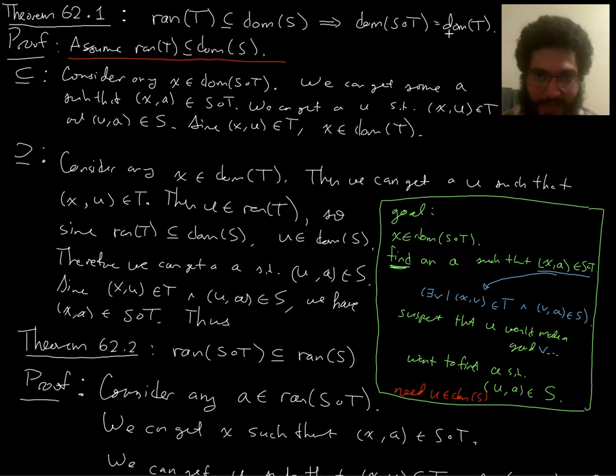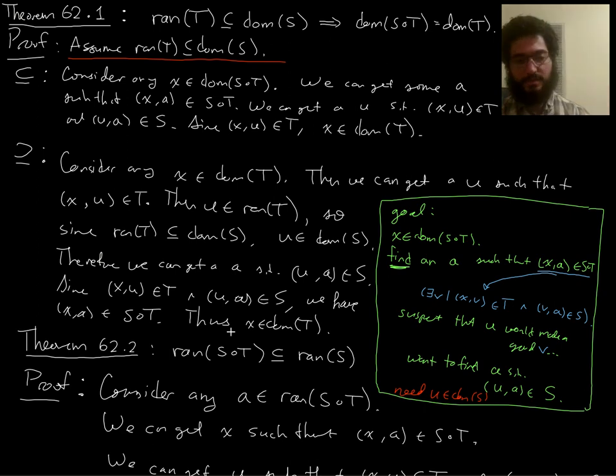Thus, what we actually wanted is X is in the domain of T. X is in the domain of T, since we found an A here that works. Okay, now we can put the bunks. All right, so we've proven the theorem.